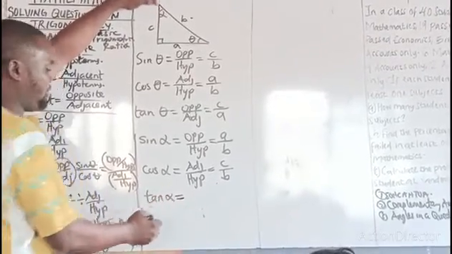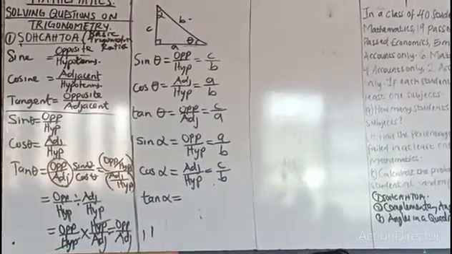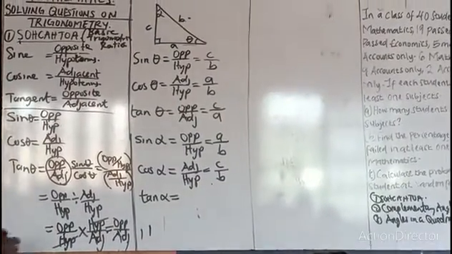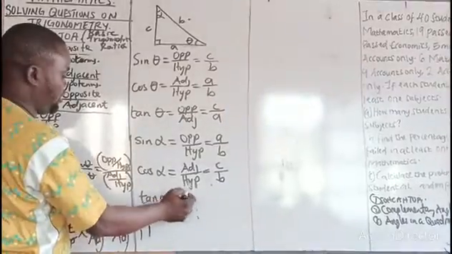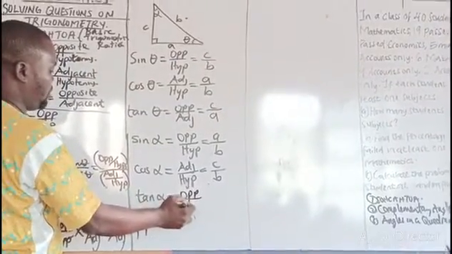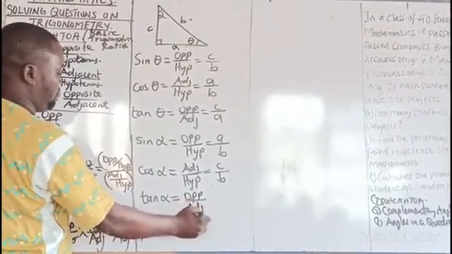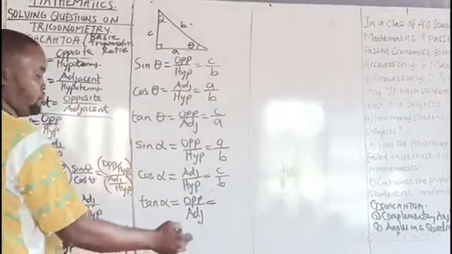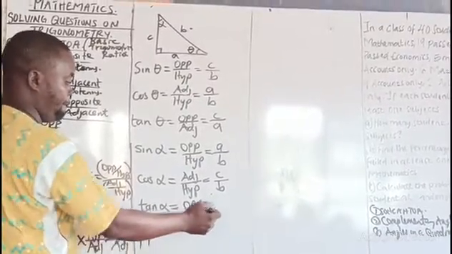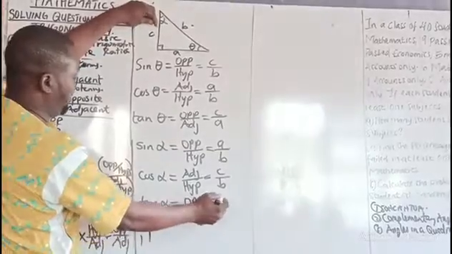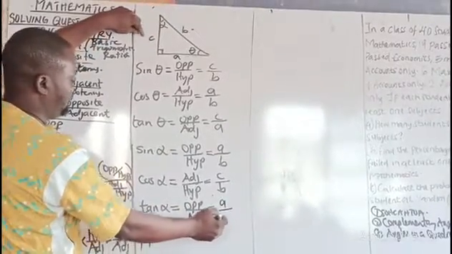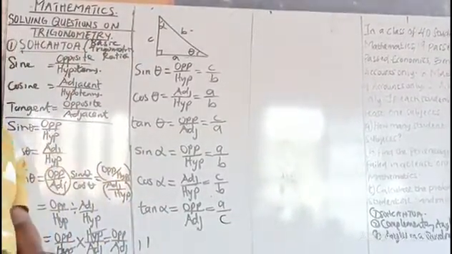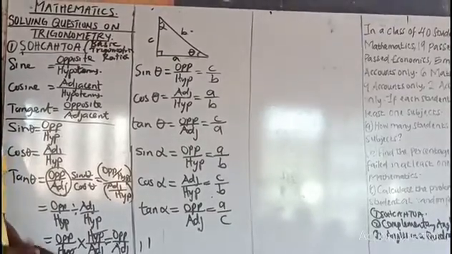And that will give us opposite over adjacent. Opposite is A, over adjacent C. Is that clear? Yes.